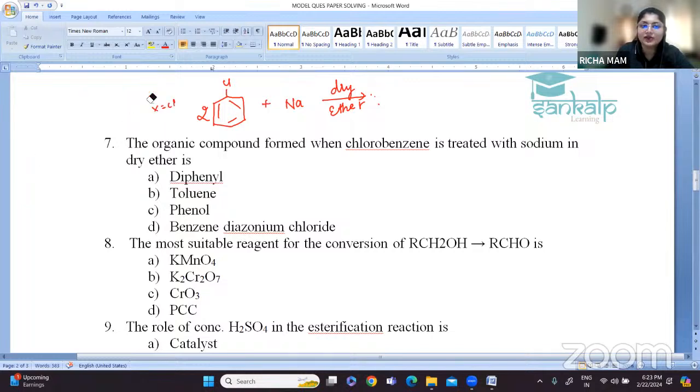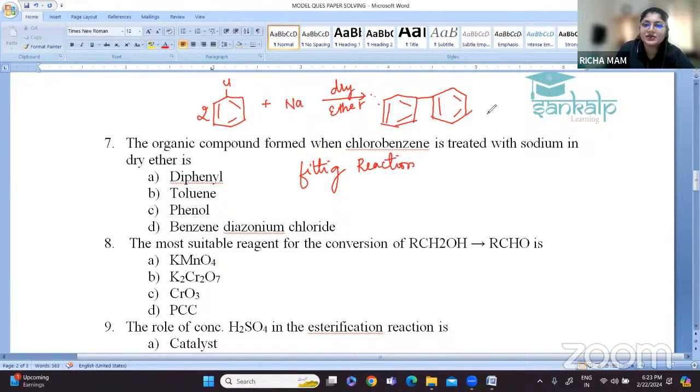So 2 moles of aryl chloride, when it reacts with sodium in the presence of dry ether, you will get diphenyl. This reaction is a Fittig reaction, plus 2NaCl. Got it.